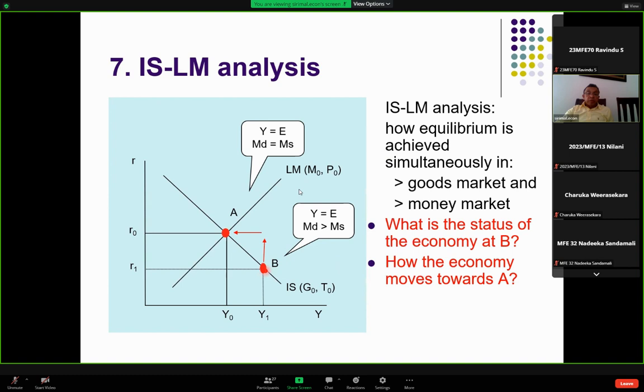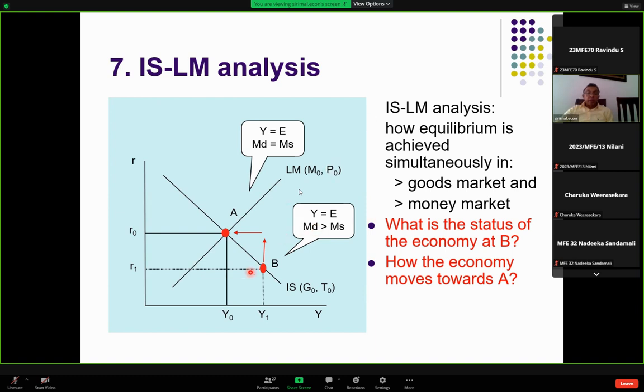But anyway, here interest rate moves upward as a result of higher money demand. But when the interest rate goes up, it has a negative impact on aggregate demand, because investment is likely to go down, so output should decline.